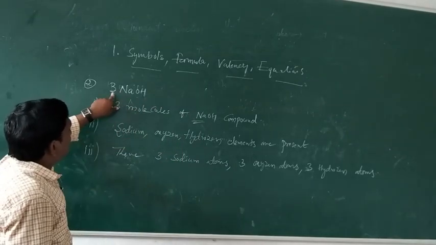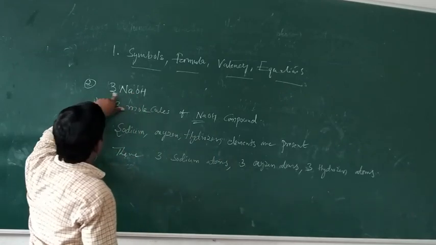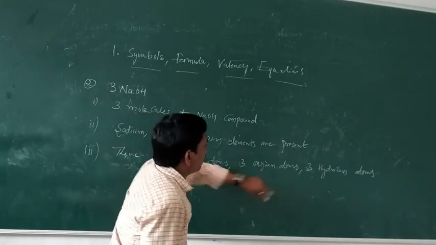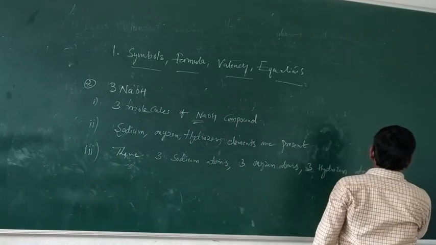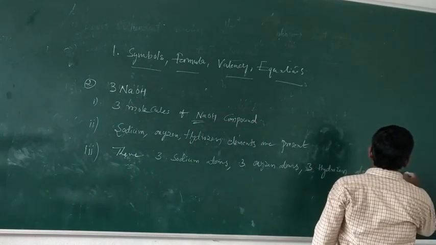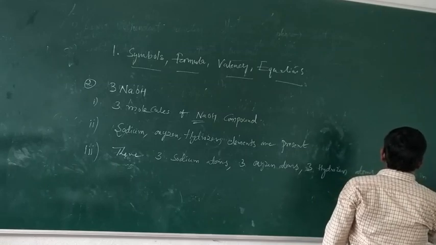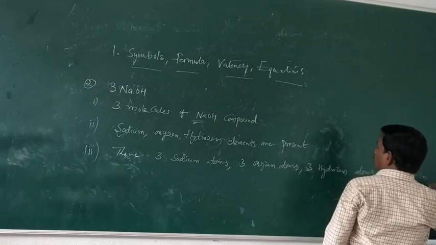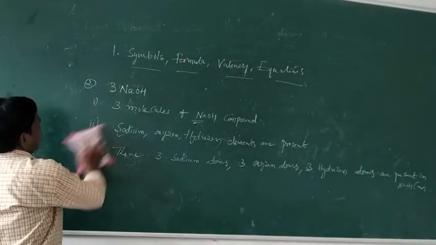There are 3 sodium atoms, 3 oxygen atoms, 3 hydrogen atoms present in NaOH compound. So this is one more example.